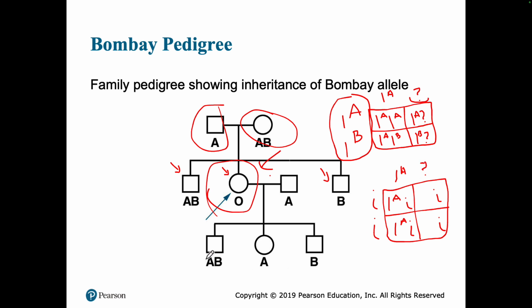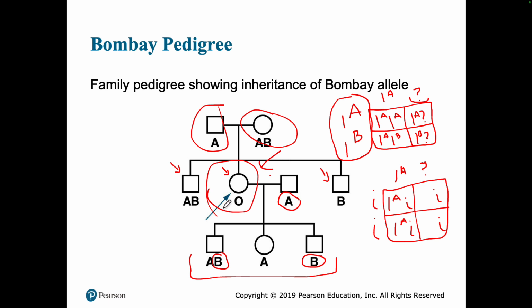So let's look at her children. Well, I'm looking at her children and I'm seeing the B allele present in 2 of her children. So then the father must have it, right? Because she's type O, so he must, wait, he's only type A. That means he can't have the B allele.